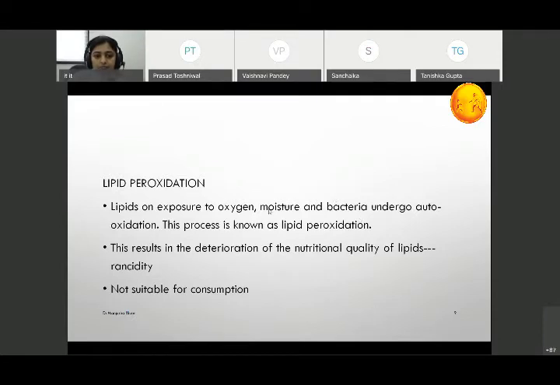Here what happens biochemically is that there is deterioration of the nutritional quality of the lipids. Rancidity occurs here. You all know what is rancidity. So now this type of lipid which is peroxidized is not suitable for consumption.